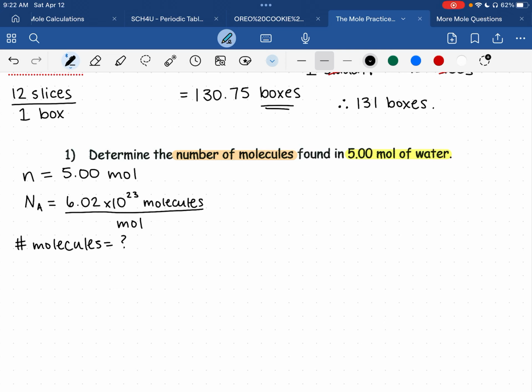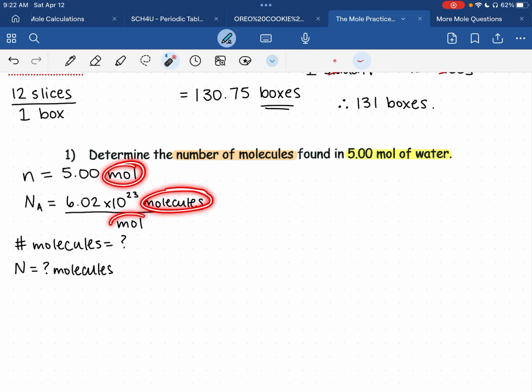You could also just write capital N, which is the placeholder for the number of particles, N equals question mark molecules. Just two different ways that I write it, but make sure that for each of your givens, you're writing the units, and the same for the unknown, because then when you set up your equation, you know exactly what needs to go where.